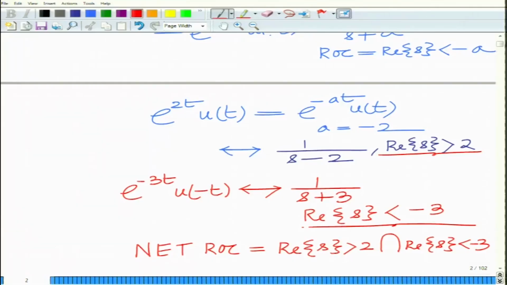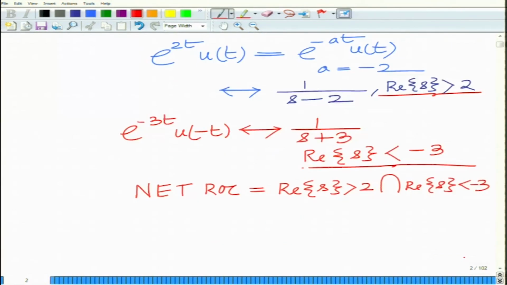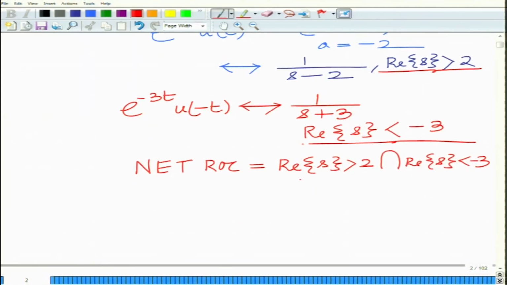There is no value of s where the Laplace transforms of both these signals, e raised to 2t u(t) and e raised to minus 3t u(minus t), converge. Therefore the ROC is the empty set, which means that the Laplace transform of this signal does not exist.